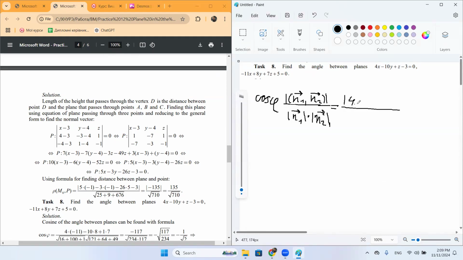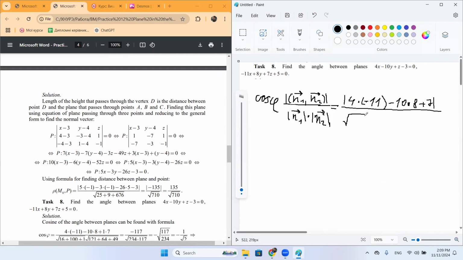So 4 by minus 11, minus 10 by 8, plus 7.